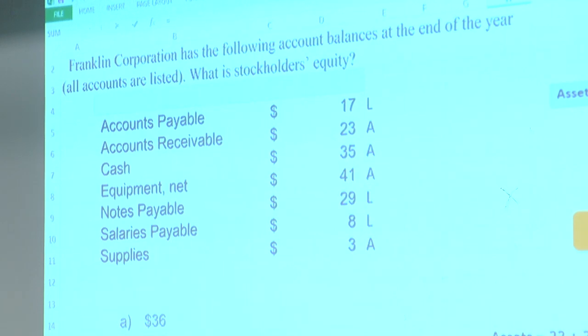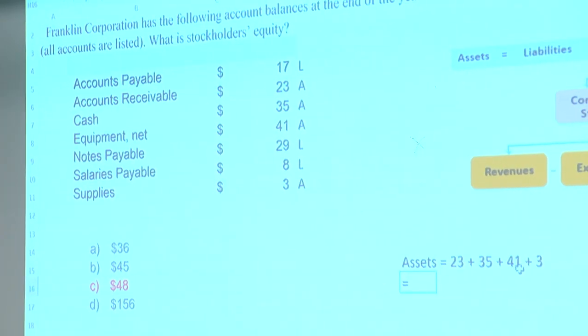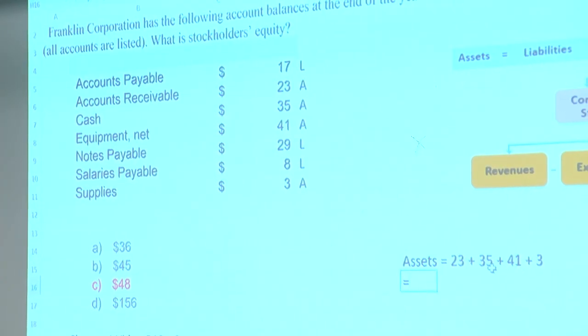And that will be, let's do it quickly, 44, 78, 91, is it? Let me double check. 102. Yeah, I totally missed it. 102 is the total assets.